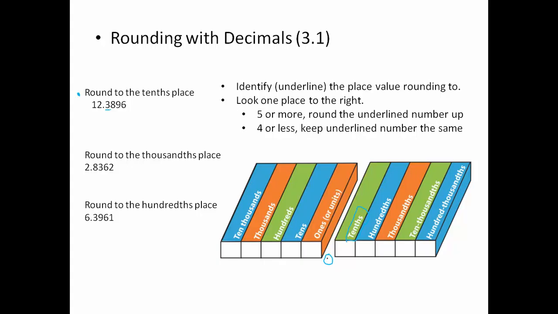Well, 8's bigger than 5, so I'll go with that first option, and I'm going to round the underlined number up. This is actually the step where a lot of people make mistakes. It's always the underlined number that you're changing. You're either rounding it up or keeping it the same. And that's the other reason I like to underline it. So I'm going to take that 3 and round it up to a 4.